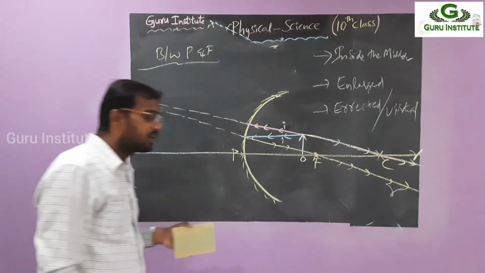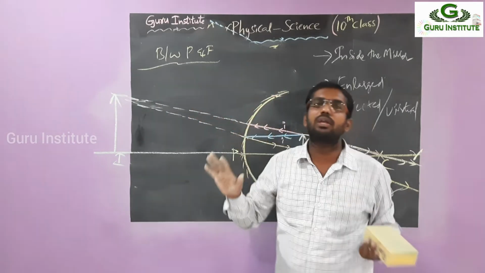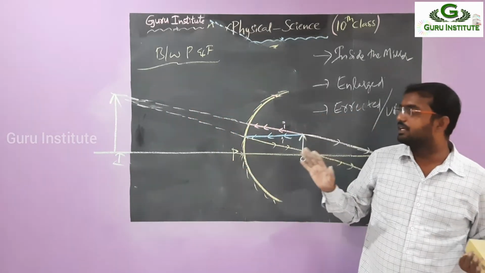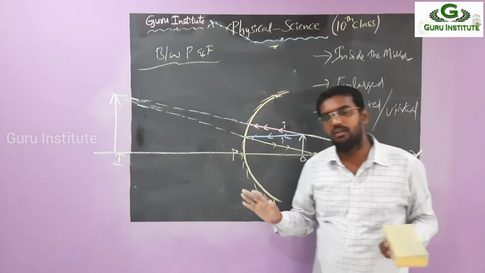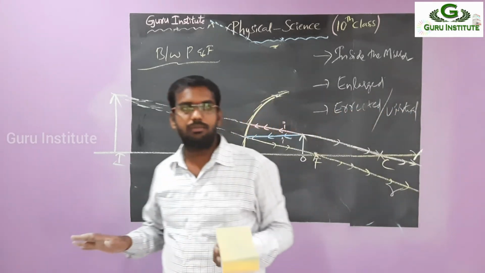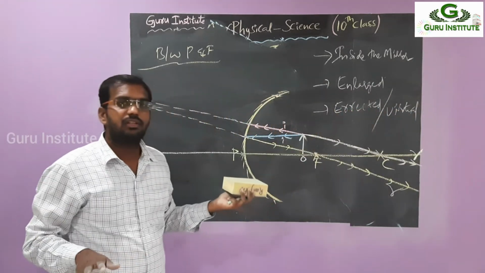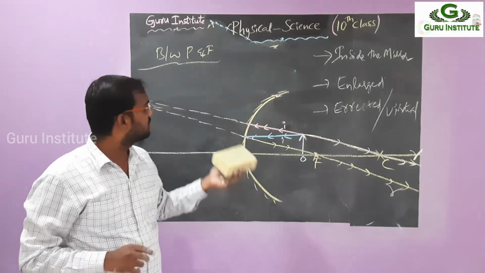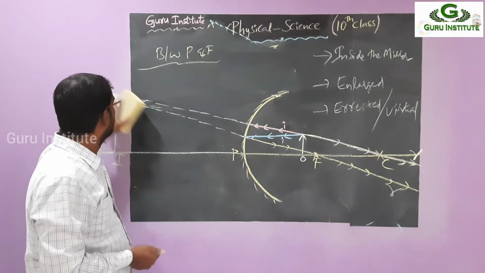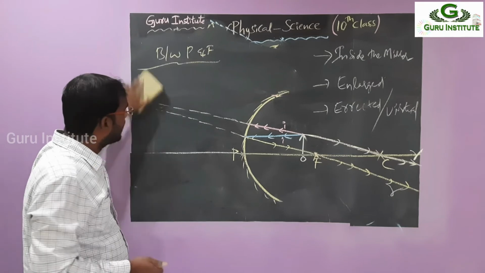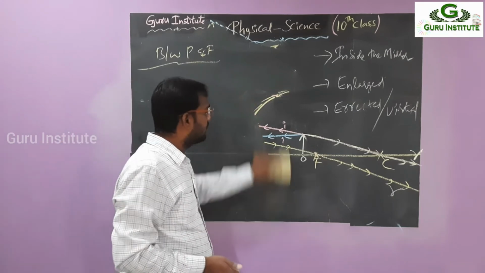So from this, in total 5 cases, all cases are inverted and real, except at F, where we can't decide whether it is erect or virtual. Remaining all are the same. But in this case, what happened? In this one, a virtual image is formed. Only in this case, only in the concave mirror, a virtual image is formed.